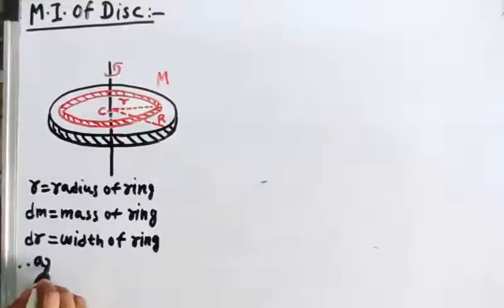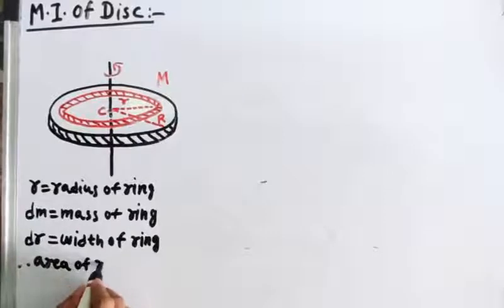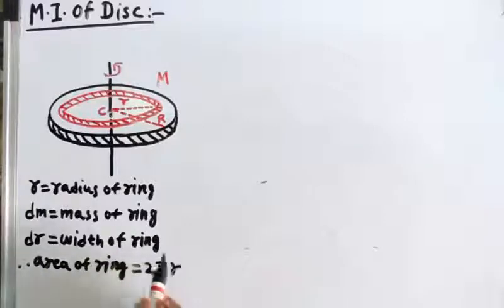Therefore, area of ring is equal to 2 pi r, circumference of the ring, into dr, which is width of the ring.